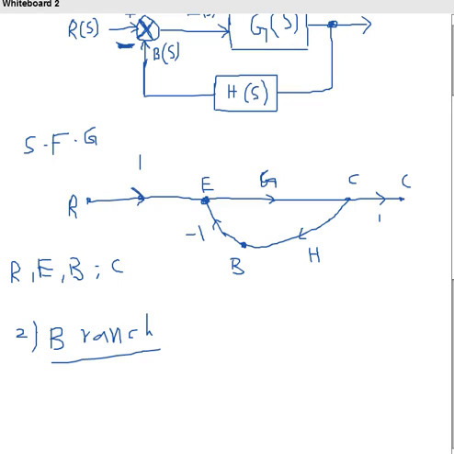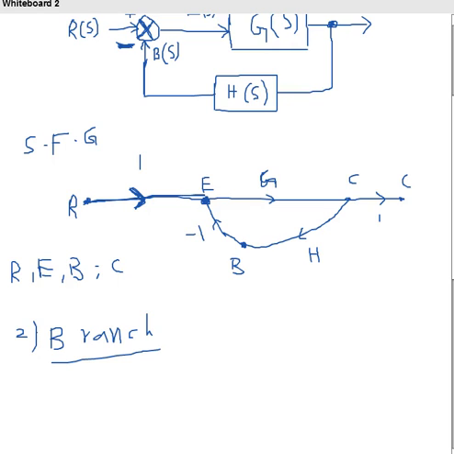The signal is traveling with the gain. 1 is the gain from the input node R to another node E. So what is the signal gain? 1 is the signal gain, indicated by the branch arrow. The branch is nothing but RE.